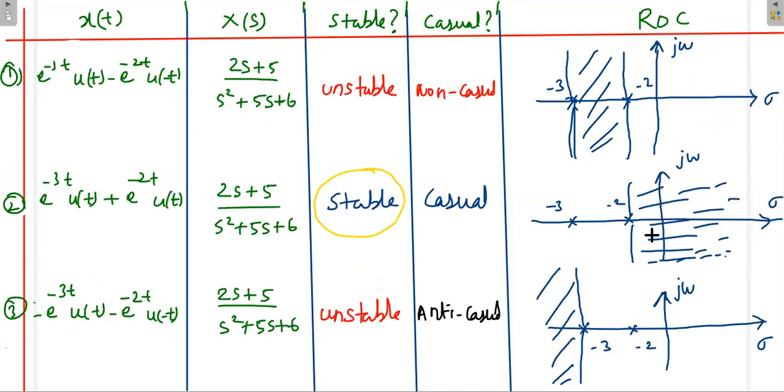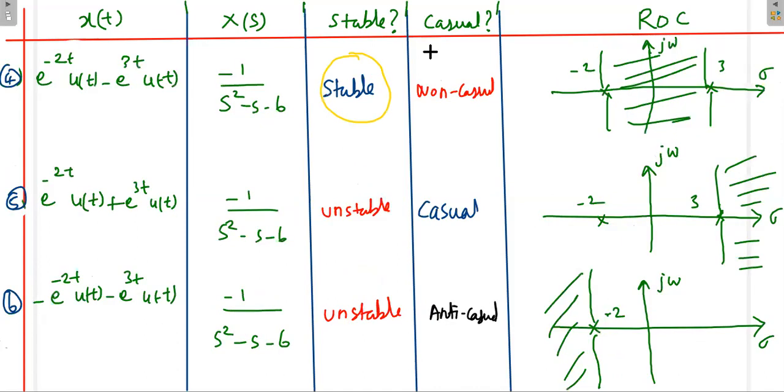This ROC consists of the j omega axis, whereas this ROC is not having the j omega axis, and this ROC is also not having the j omega axis. Again this ROC has the j omega axis. This one does not contain the j omega axis. Here also the ROC does not contain the j omega axis.